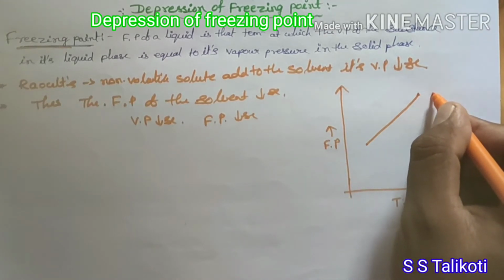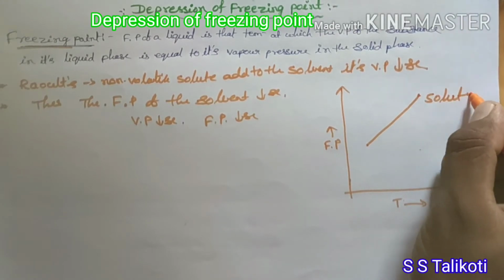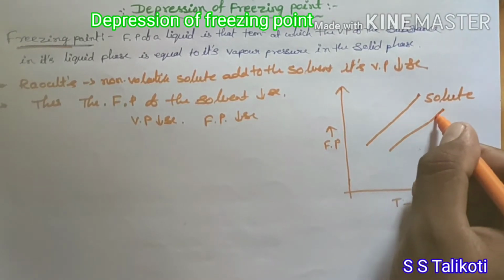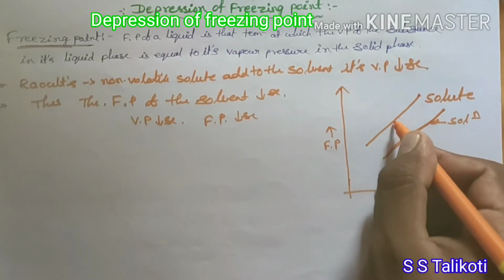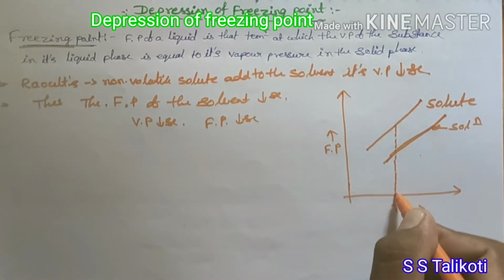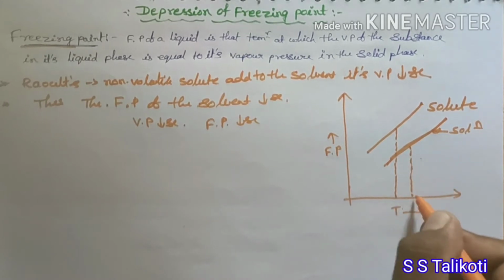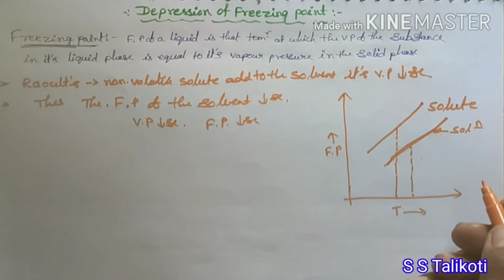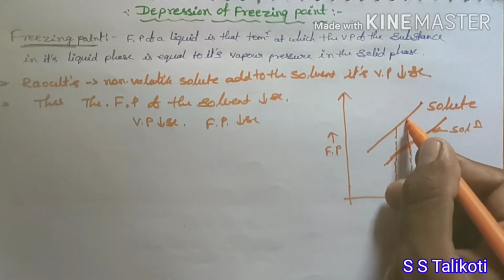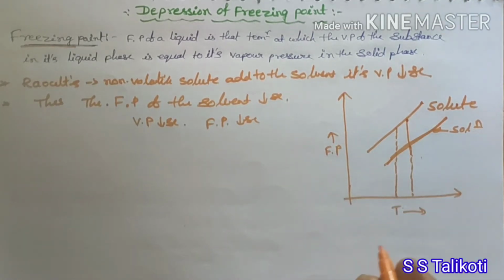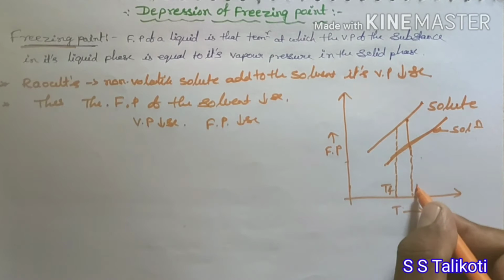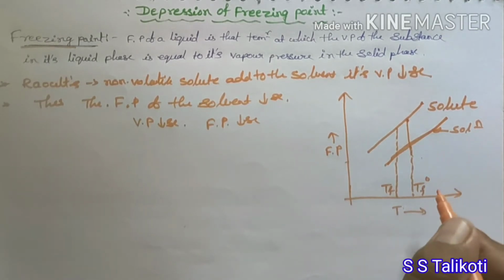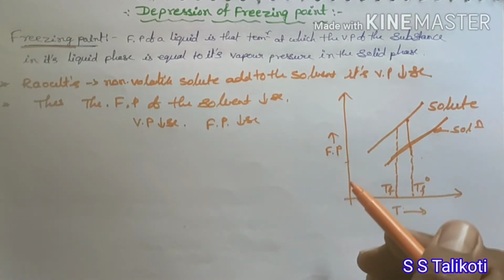This is for the solvent, and this is for the solution. For the solution graph, these two curves meet here. Understood? First this curve is for the pure solvent, this is TF, the freezing temperature, and this is for the solution.